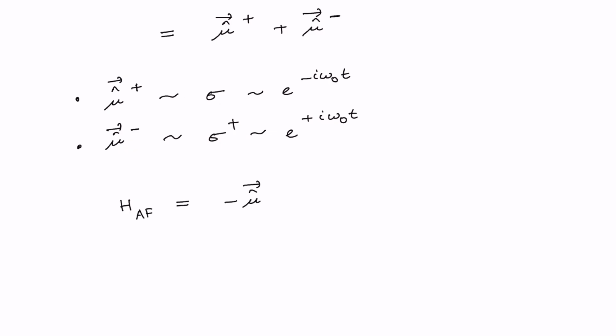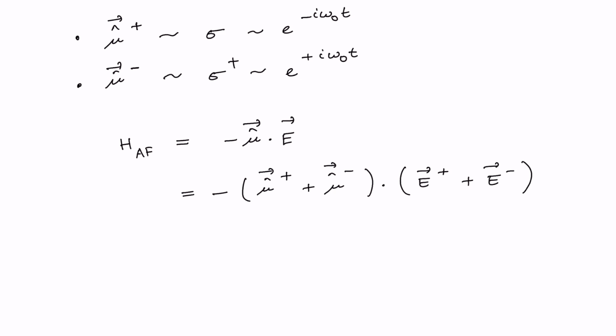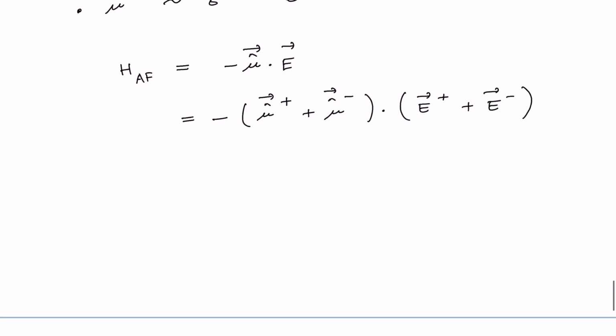We have the atom-field Hamiltonian interaction part as mu dot E. Let me write mu as mu plus plus mu minus, and the electric field as E plus and E minus. So we are going to have four combinations. Let us look at all these combinations one by one.